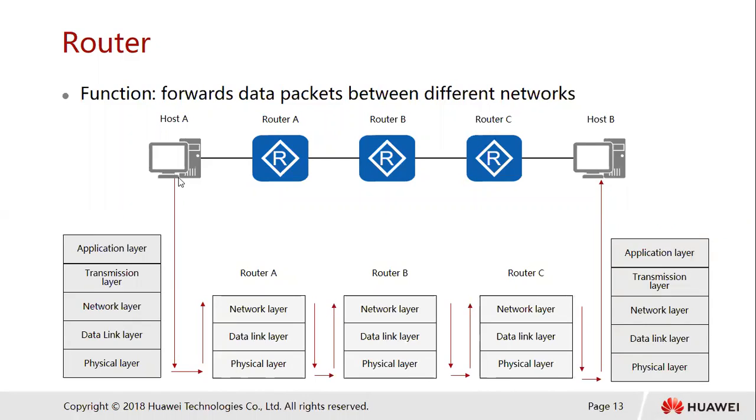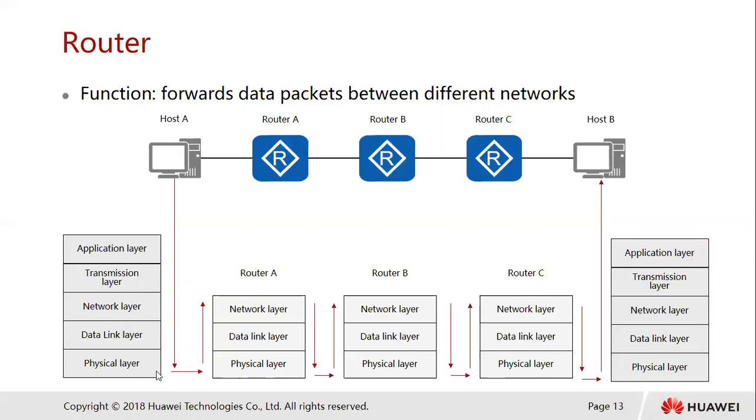And this is how it works when you are sending something on a device, right? So you'll be going down the model, starting from the application layer. And when you go down, the headers will be added to the data in a process called encapsulation.